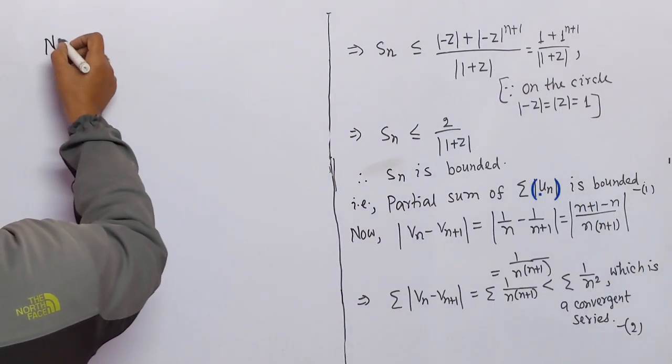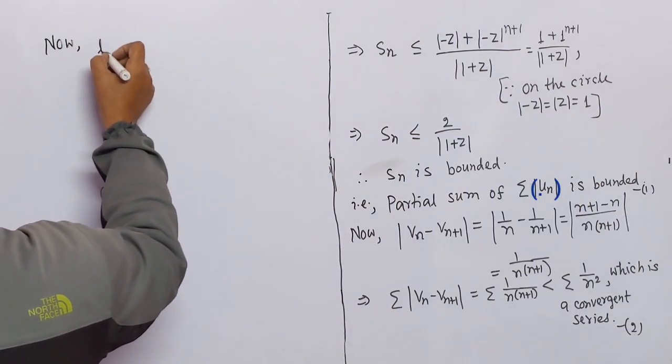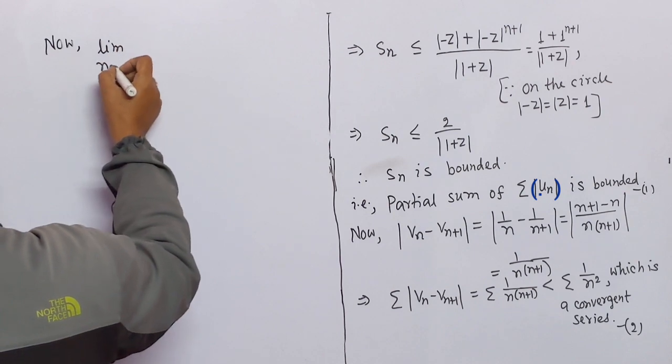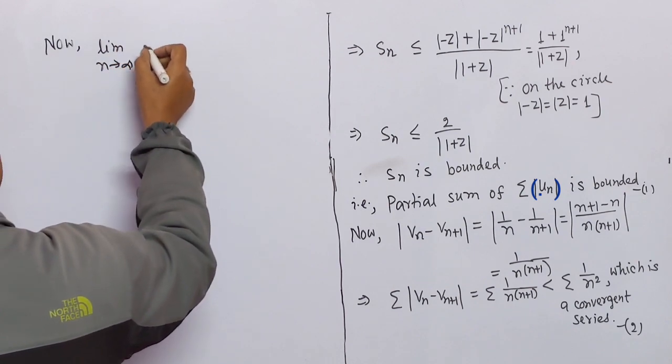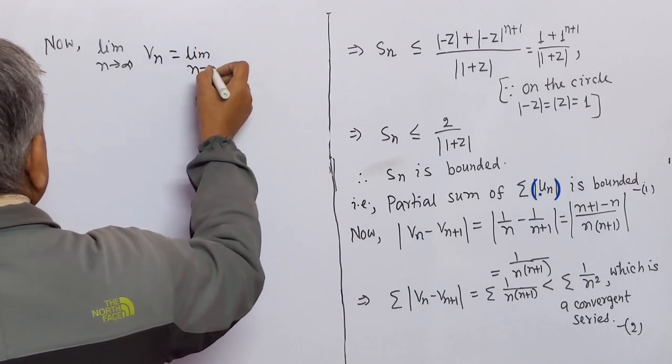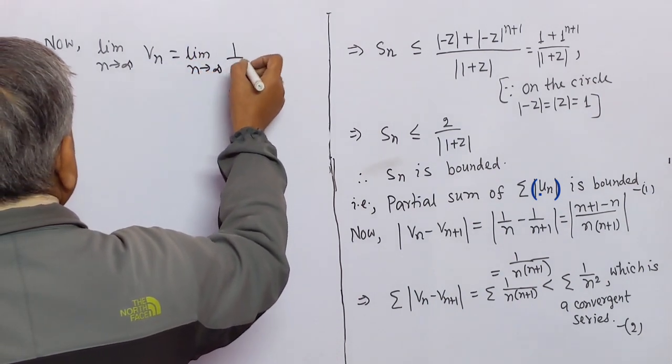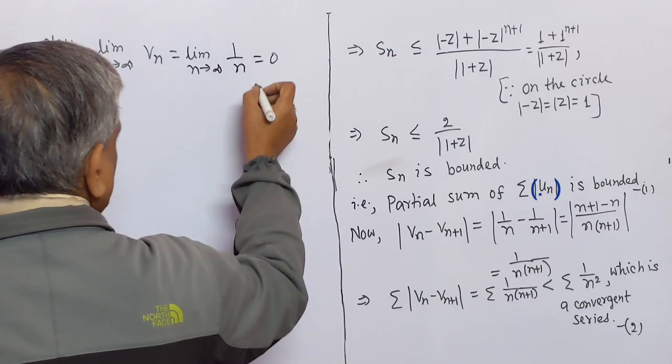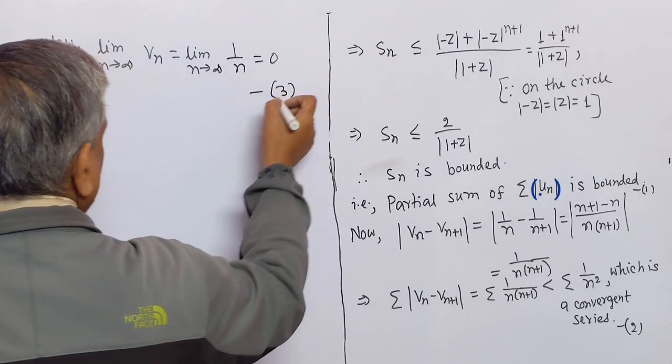Now, limit n tends to infinity v_n equals limit n tends to infinity 1 by n equals 0. This is number 3.